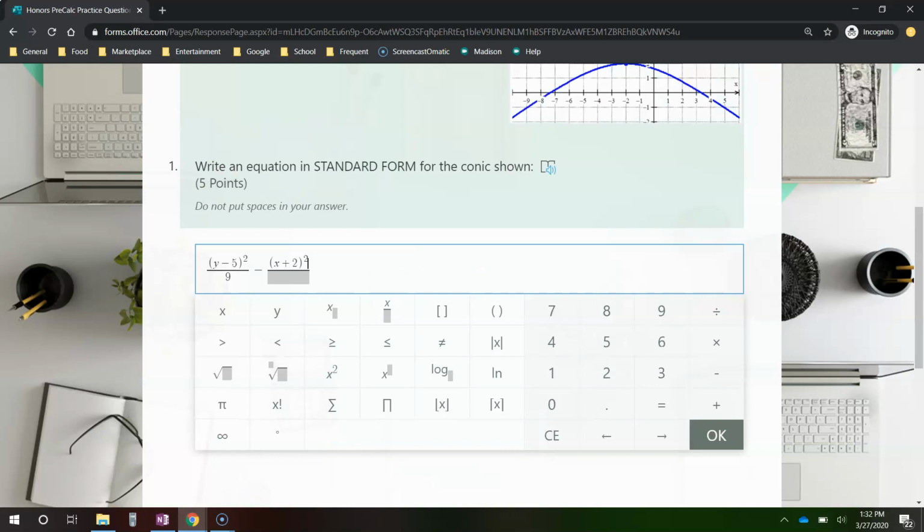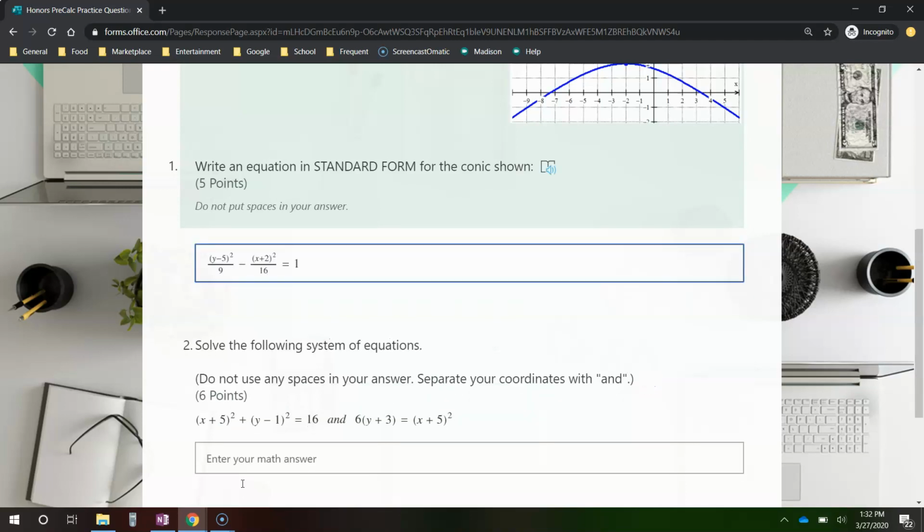So I'll click down here and do the 16. Then I'll click over here and do equals 1. Notice the directions here say don't put spaces in your answer. No matter what, do not touch the space bar on your computer's keyboard at any time. Anyway, I'll hit OK on that. So that's how you type in that answer.